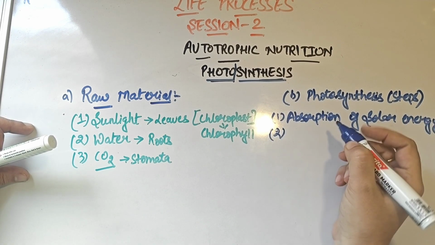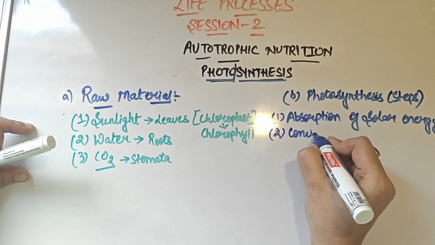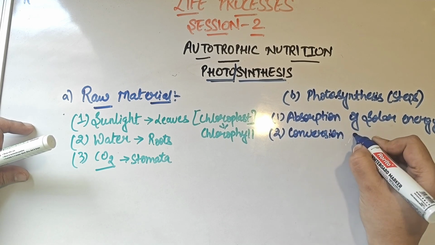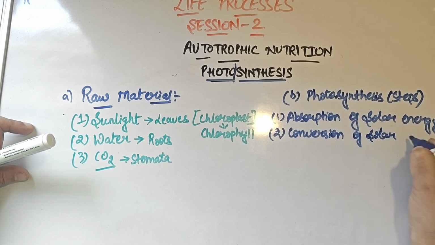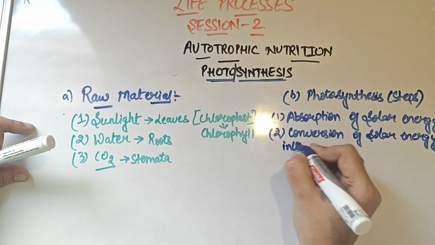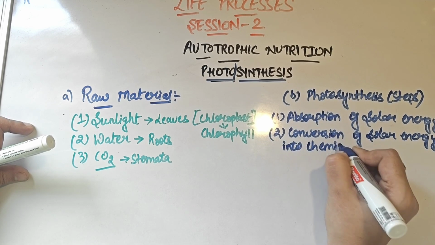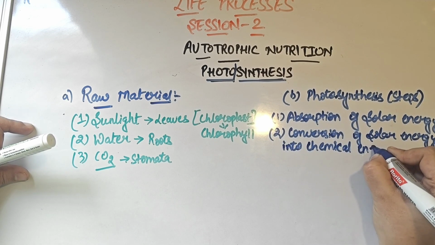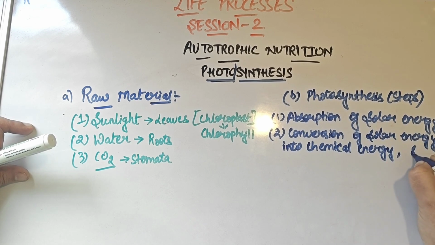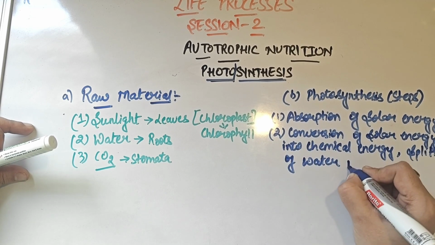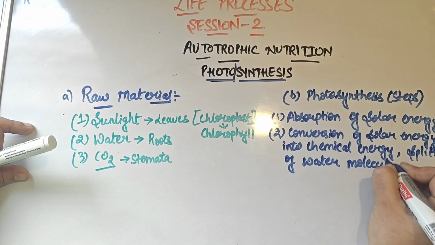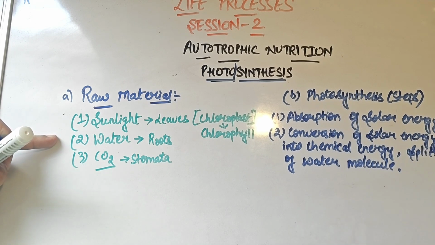The second important step is conversion of this trapped solar energy, which we have just trapped, into what form? Conversion of solar energy into chemical energy. And as soon as it gets converted, it is also followed by splitting of the water molecule. We have just seen how the plant is going to get the water, mainly, right?